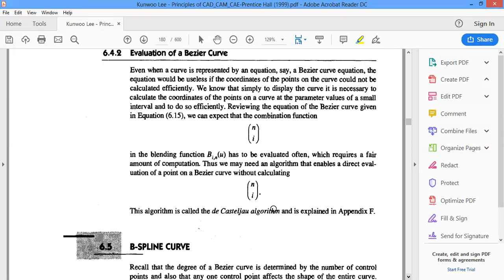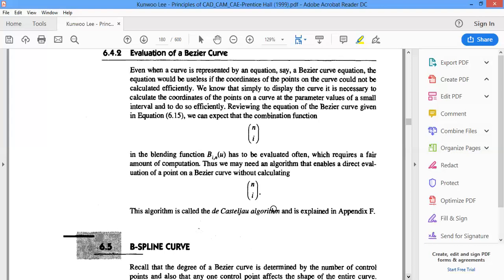Ultimately, we are going to use this for the generation of surfaces, and everything will go wrong, where we will not be able to get the desired shape. So these coordinates have to be calculated correctly, let it be for a Bezier curve or for any type of curve, because all these are based on mathematical equations.